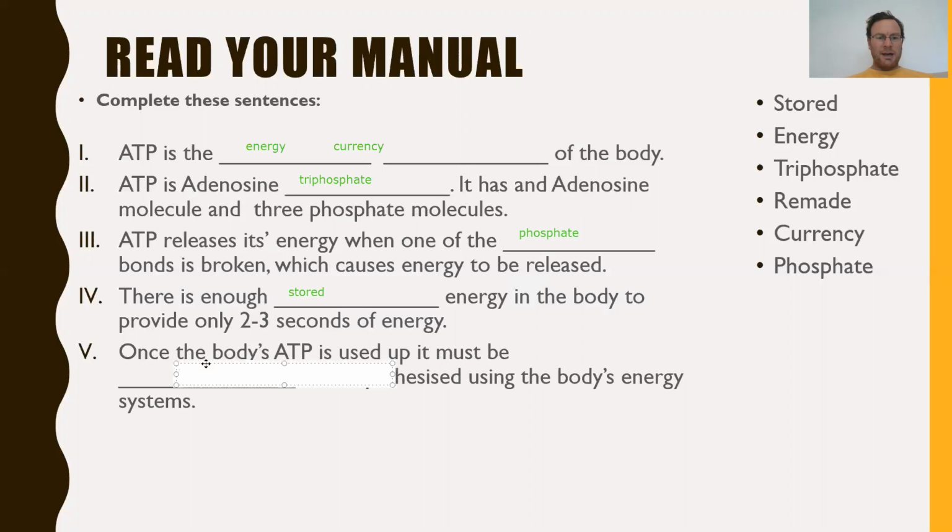Once the body's ATP is used up, it must be remade, or resynthesized, using the body's energy systems. So the key thing is we have some in our body, enough for about 2 seconds' worth. Maybe enough for a golf swing, maybe a shot put. So not much. Importantly, once we've used that ATP, or to prevent us using it up entirely, we need energy systems to be remaking and reforming this ATP.